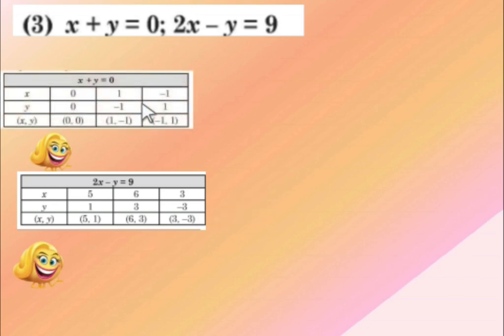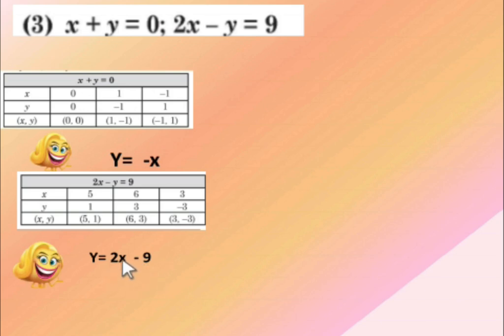In the second table, what I expect is y is equal to minus x, y is equal to 2x minus 9. Now just see this. If you put it in this manner, the thing becomes too easy. This is 0, this is 0, this is 1, this is minus 1, this is minus 1, this is 1. Immediately done. Put x is equal to 2x minus 9.